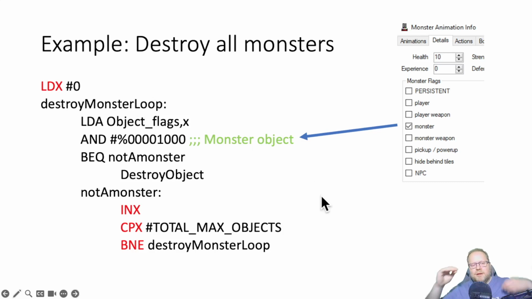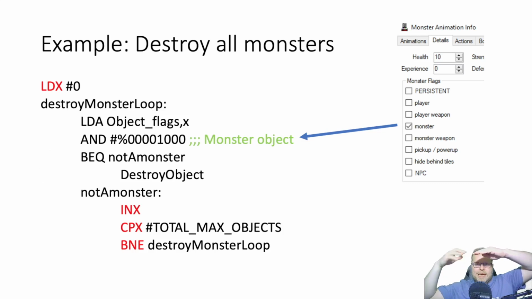So we're checking through all the active objects, one after the other. And for every one, we're checking, was this checkbox checked? Is it a monster or not? So if it is a monster, we say, alright, destroy object. And we just continue on. Increase X, compare X, we do it again and again and again. Is it a monster?